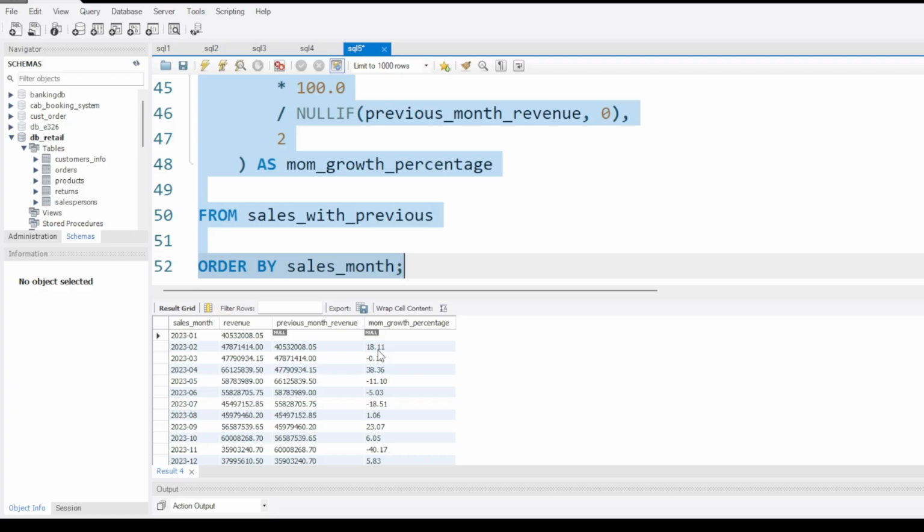You can see the result: sales month, revenue, previous month revenue, month over month growth percentage. February is increased, then decrease, again increase, and whenever you see a negative value, it's a decline.